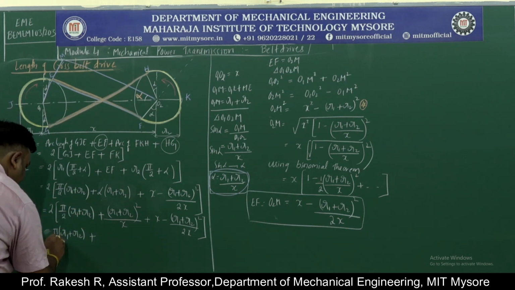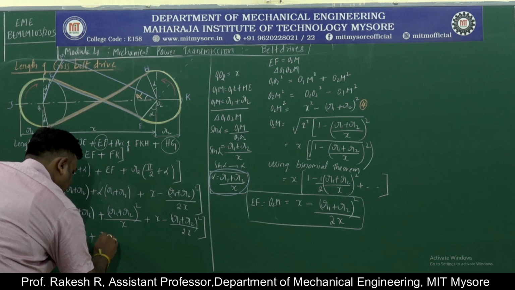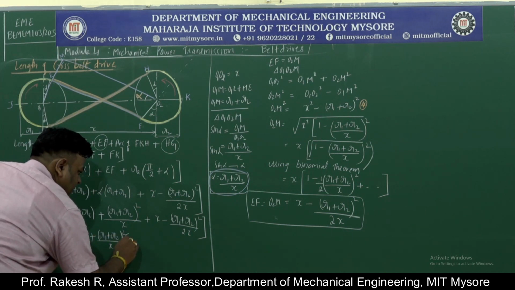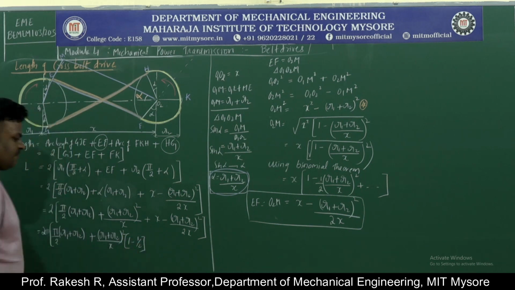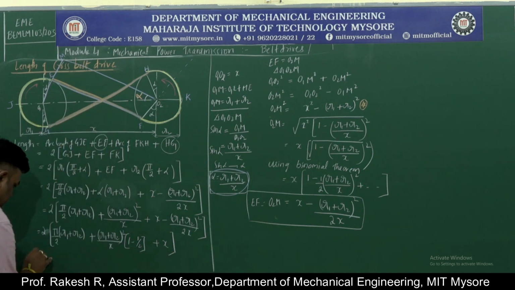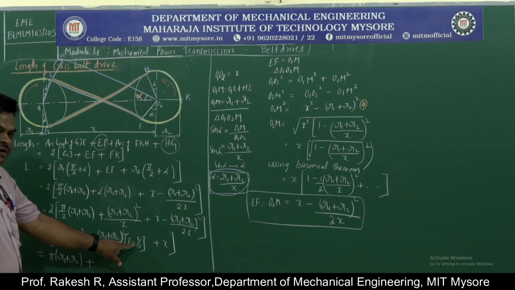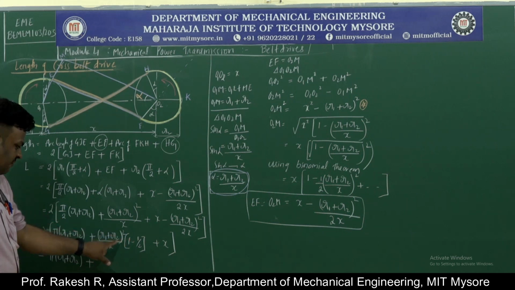I will write one more step. 2 into pi by 2 (R1 plus R2) plus, I will take (R1 plus R2) whole square by X as a common, 1 minus half, plus X. So 2 I will be taking, pi into (R1 plus R2) plus, again it will be (R1 plus R2) whole square divided by 1 minus half is half, 2x.